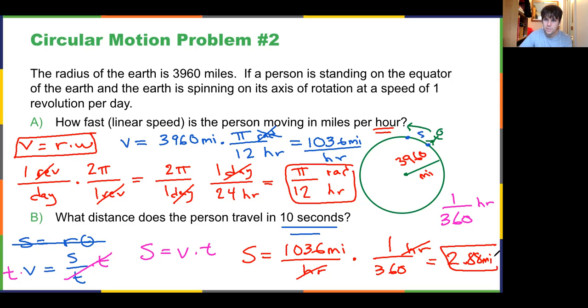Again, we're not specifically asked to come up with a specific rounding or specific accuracy. So I'm just rounding this because I got 2.877777, right? So in 10 seconds, just counting to 10, you're going to travel that far because we are spinning around very fast.